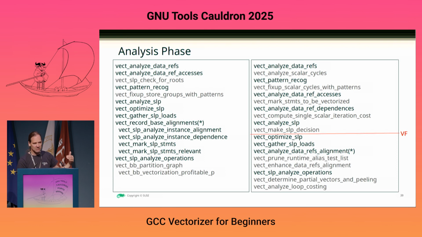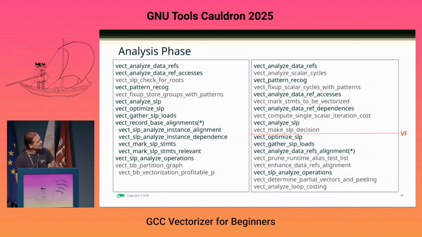I have to refer to a future slide on the SLP graph data structure. So we check for those roots. Then we also do the pattern recognition, because there's no good reason for the particular ordering in that case. But we also have to fix up, because patterns are somehow special. And then we do this SLP discovery.